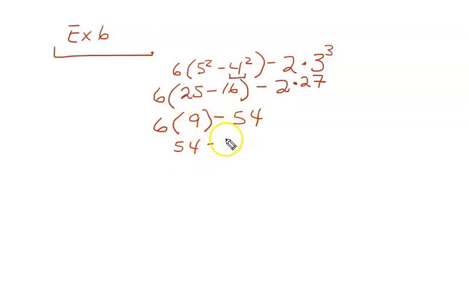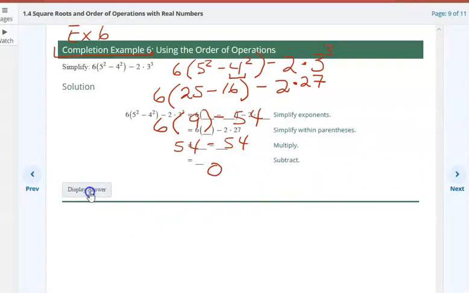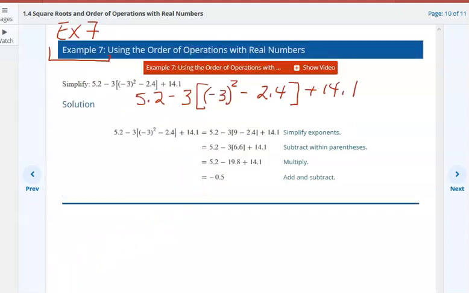And 50 minus 54, this we end up then with a 0. And if we want to display the answer, we see it's a 0. Works out nicely. Now, for example 7, write that down, and then carefully copy the example.